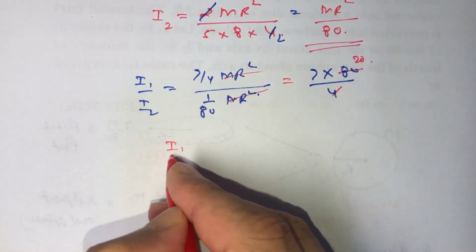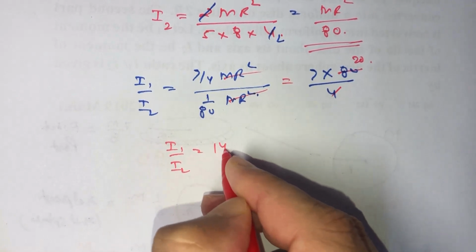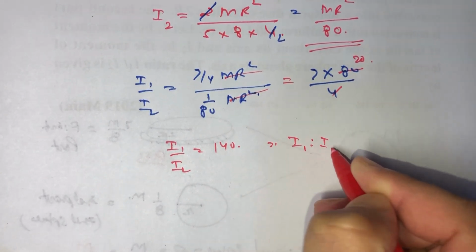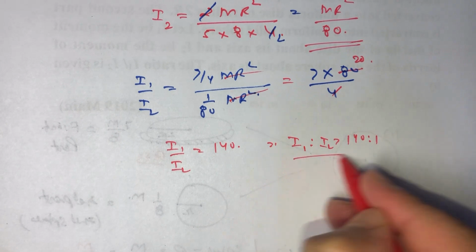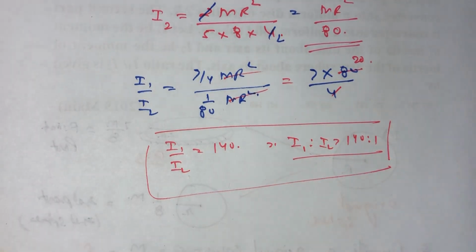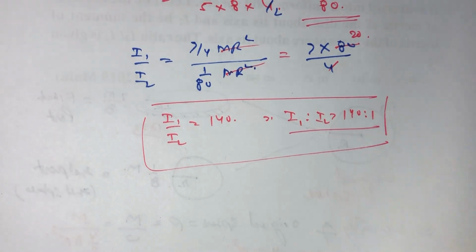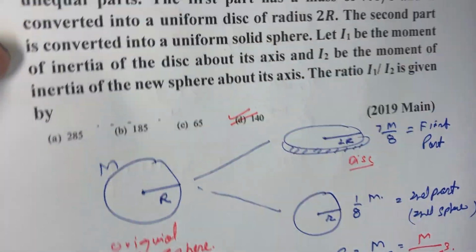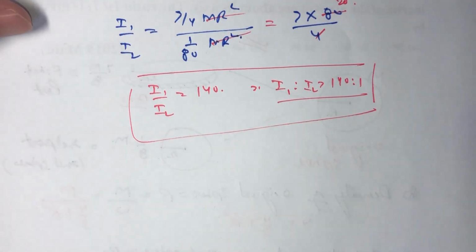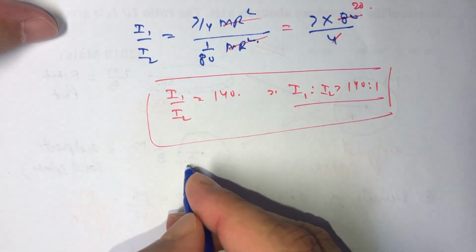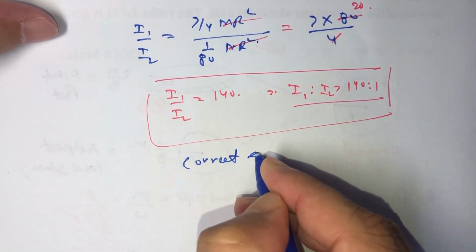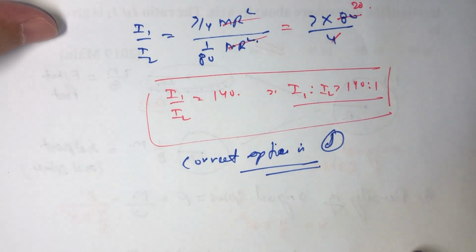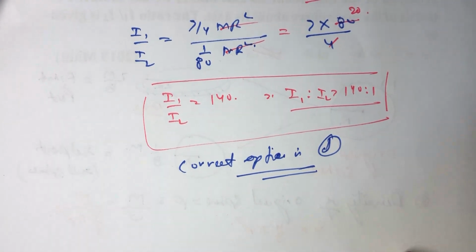So I1 by I2 is 140, or we can say the ratio of I1 to I2 is 140:1. Therefore the correct option is option D. This completes the question. Thank you.